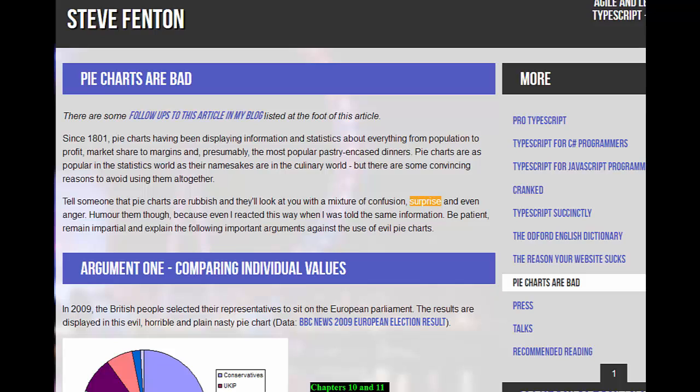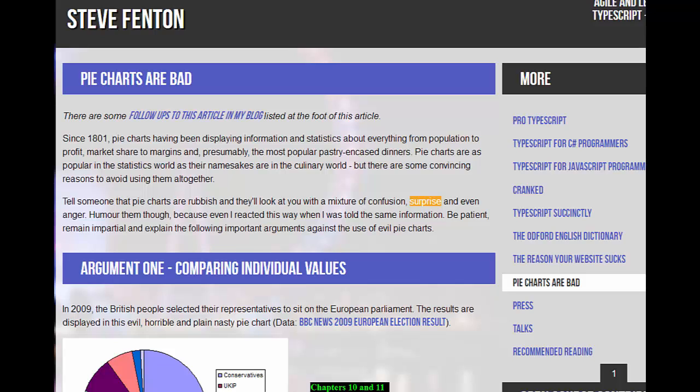This first website is written by Steve Fenton. Now he's in the UK, so he uses a little bit different language every now and then from us, but we can get past that. I apologize that you can't see the link to this web page on your screen, but if you Google his name, Steve Fenton, and pie charts are evil, you will come across this page.